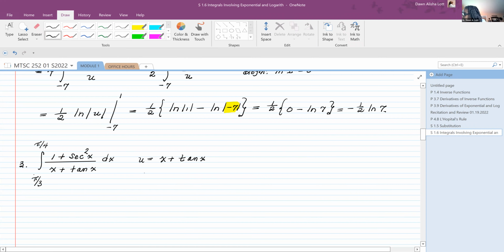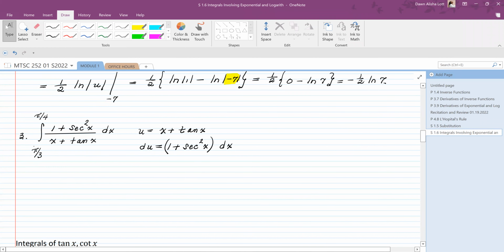And then the du would be 1 plus secant squared x. You see how I wrote it? Okay, that's important. All right, you need to transform your variables. So how do you transform it?